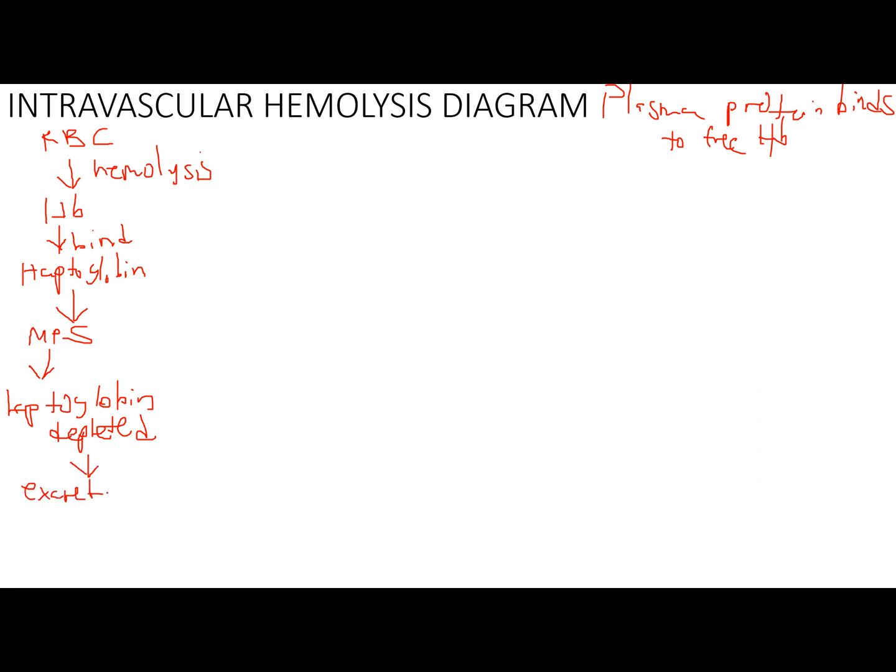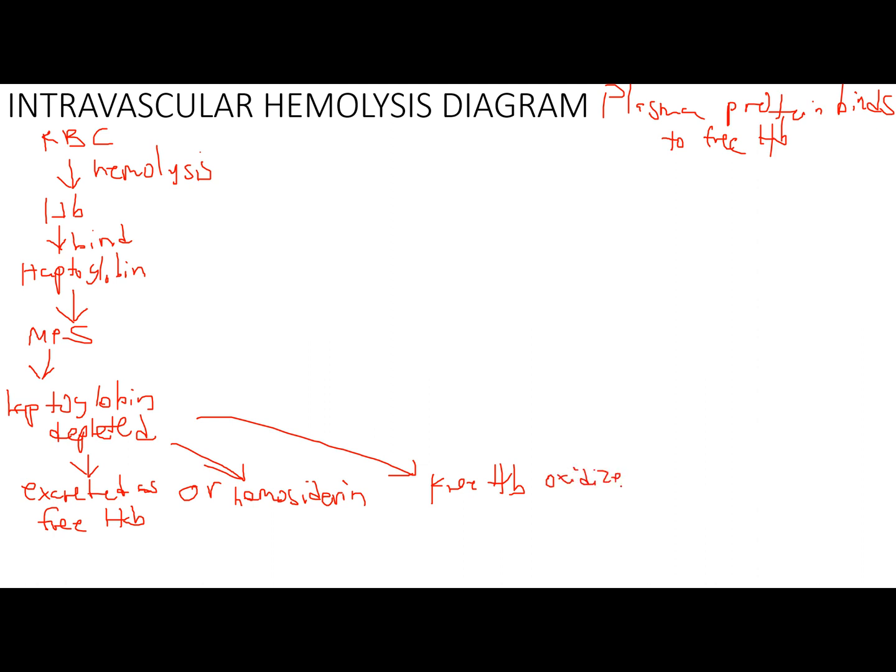It would now be excreted as free hemoglobin, or may tatlong possibility, class, or it would be converted to hemosiderin, or another one is that the free hemoglobin would be oxidized to methemoglobin, wherein this free hemoglobin oxidized to methemoglobin class would now become heme.